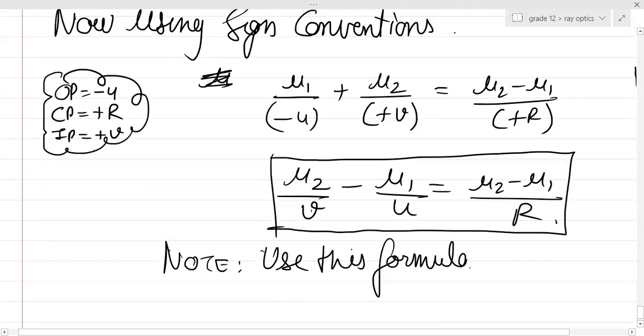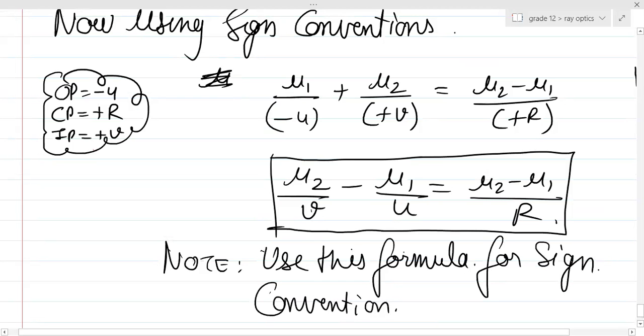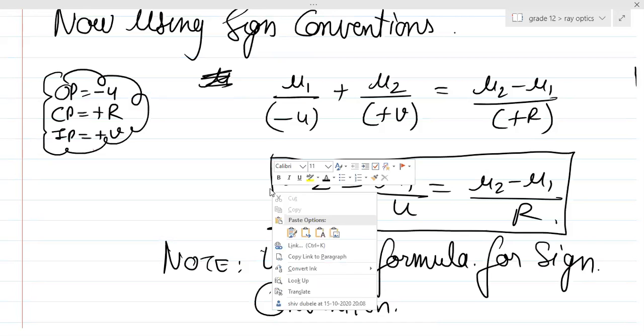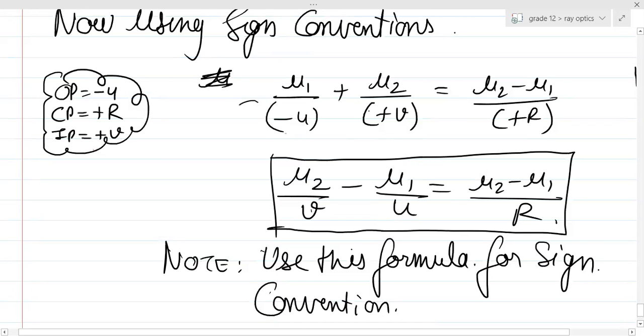Why will you use the sign convention even though we used sign convention in deriving it? When you are deriving it, you are making it specific for only one case, right? So by using the sign convention, you make it generalized for all. These conventions which we have used were specific to what case?